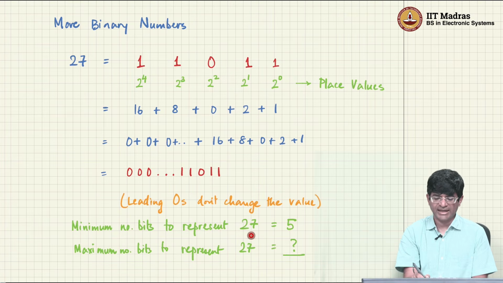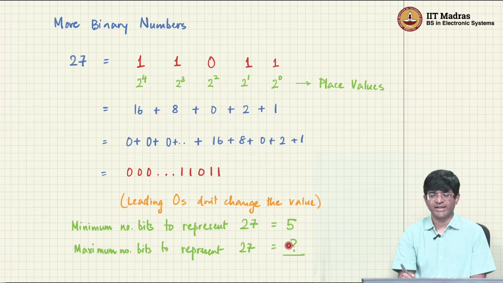What this means is I can represent 27 as a 5-bit number, I could represent it as an 8-bit number, a 10-bit number, a 20-bit number, a 64-bit number. Any of those, I just apply the place value system, find out what the value is. If it's equal to 27, yes, this number represents 27 using the binary number system.